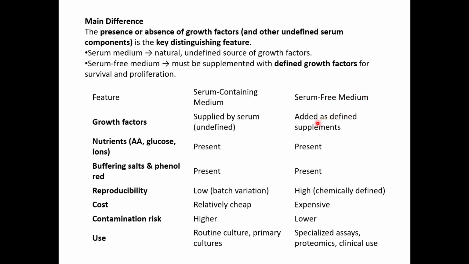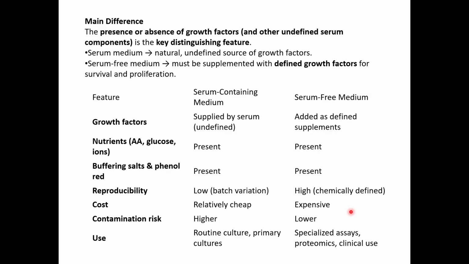Then, serum free media has added defined supplements. All these things are not present in it, but you need them for continuous growth. So you have to add these. This is the only difference. Other than this, nutrients like glucose, amino acids, salts, phenol red are already present. Reproducibility is, however, high because everything is defined and everything is the same.